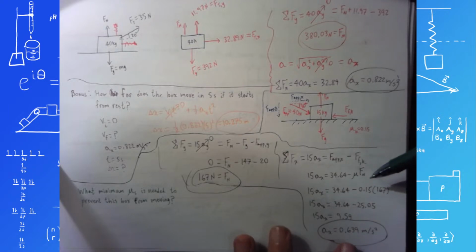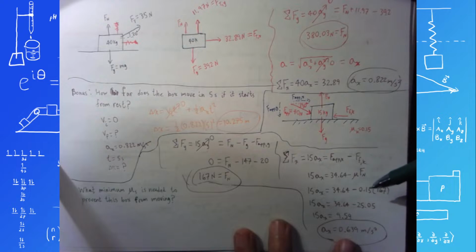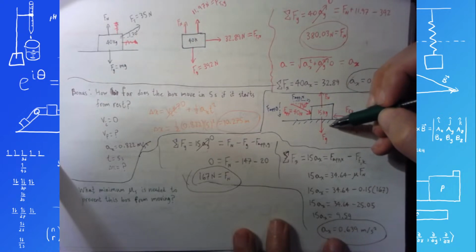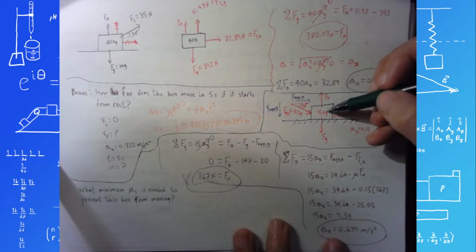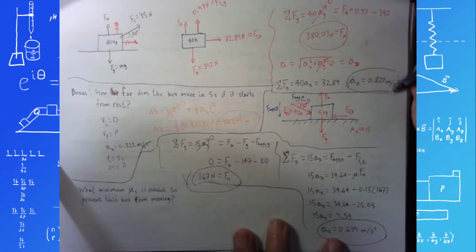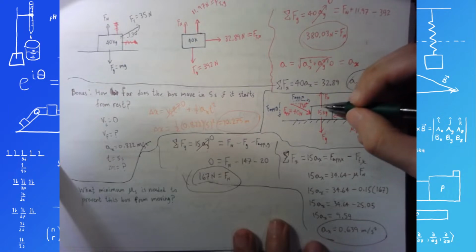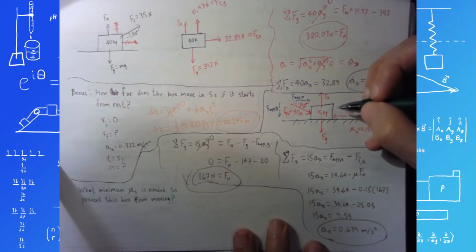The floor is stationary, so to be under static friction, the box must also be stationary, must move at the same velocity as the floor. So I need the horizontal acceleration to be 0.